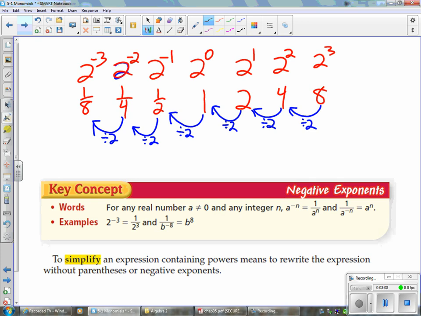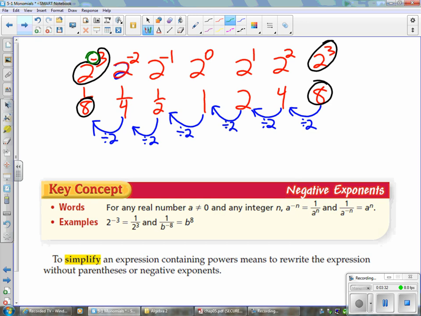And the idea is that notice how 2 to the 3rd was 8. 2 to the -3rd also had an 8 in it. So what does this negative sign do? This negative sign flips and puts 8 over.